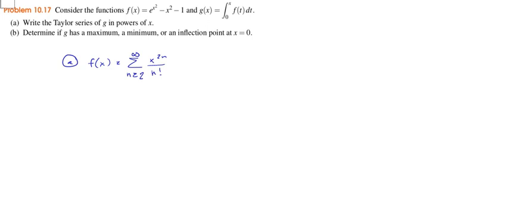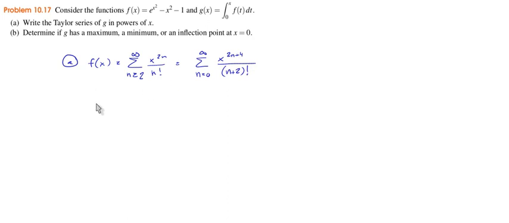And one way to rewrite this starting from 0 is the sum from n equals 0, and this is x to the 2n plus 4, right? Okay, so the first term is going to be x to the 4th, right? And this is n plus 2.